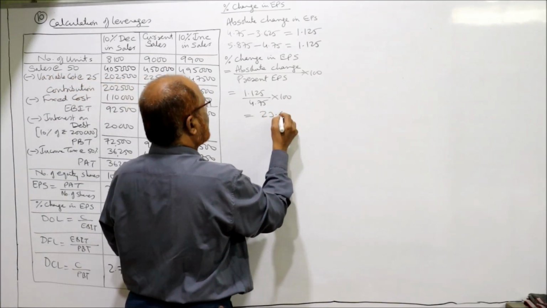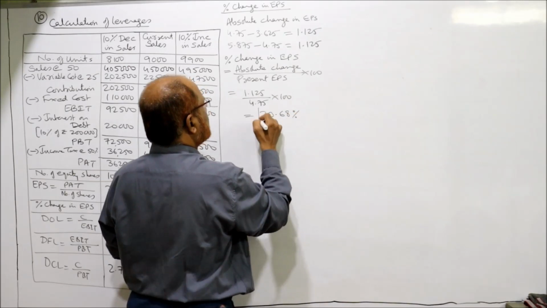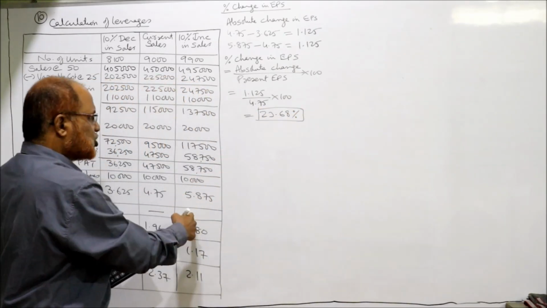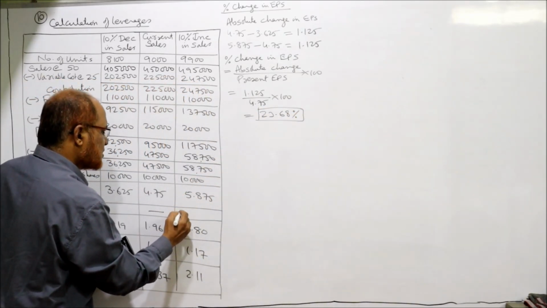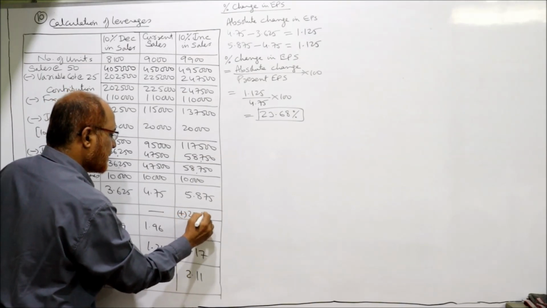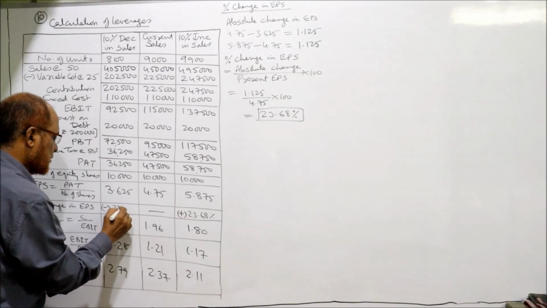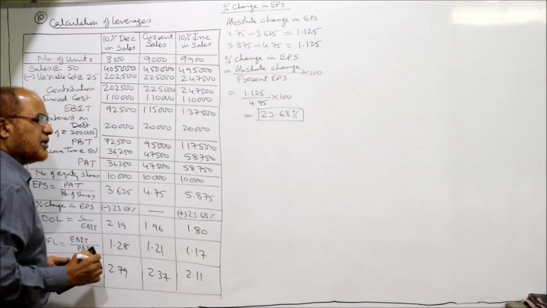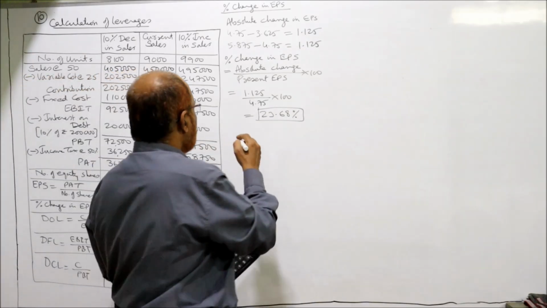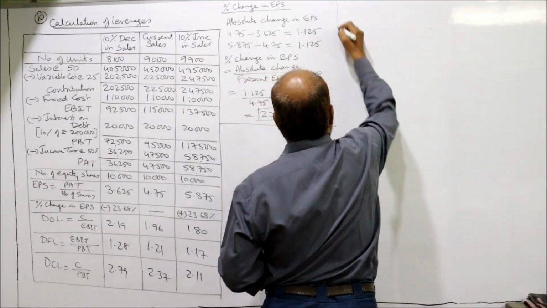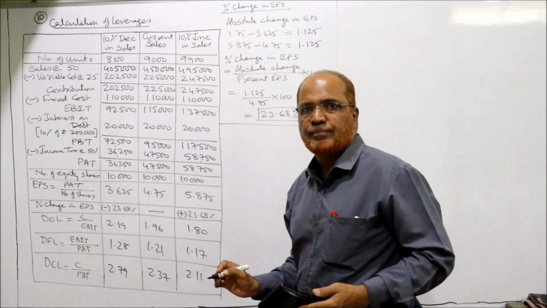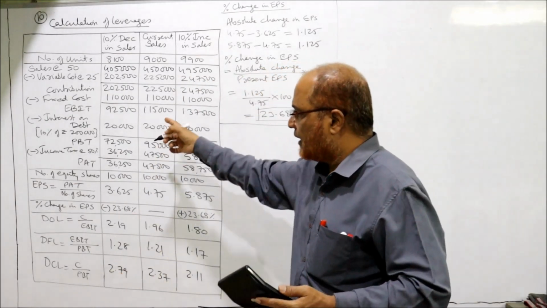That is 23.68. This is the percentage change in EPS. So plus 23.68%, and here minus 23.68%. So we have completed the first part, which is asking you to calculate all the leverages.